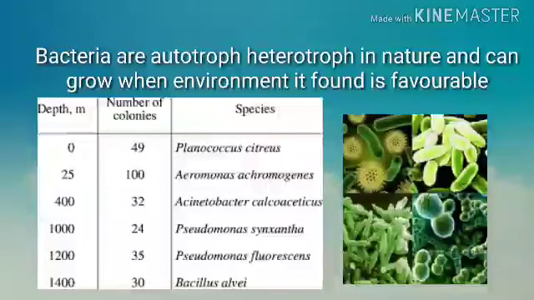Like the species here, Micrococcus cereus, the number of colonies is 49, and it depends on the environmental conditions of that particular area. You see this, the 100, 32, 24, 35, and 30. Here you see that it depends on the particular place where the bacteria we are talking about are found.